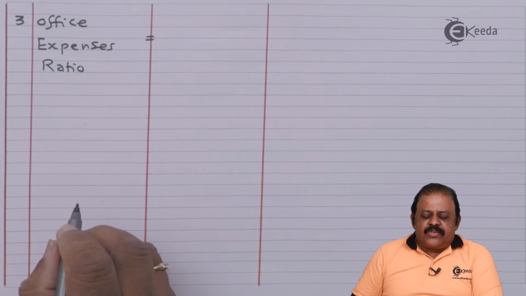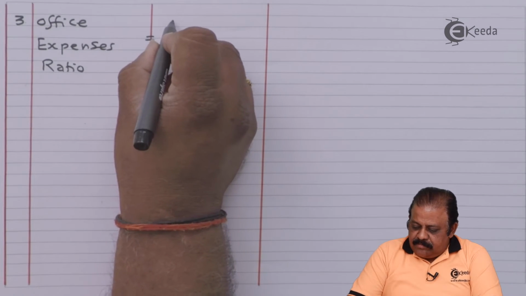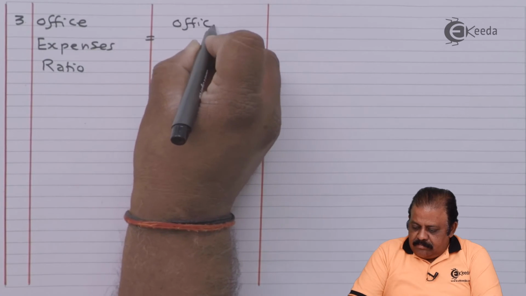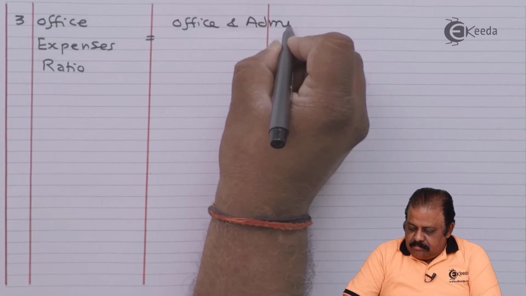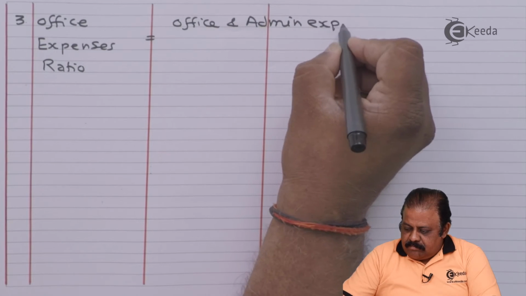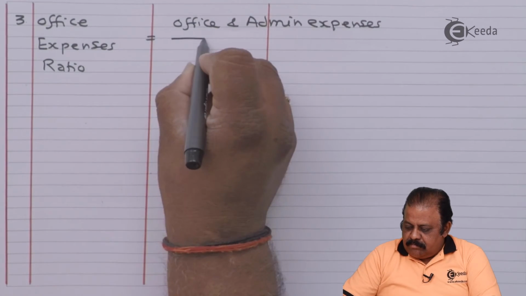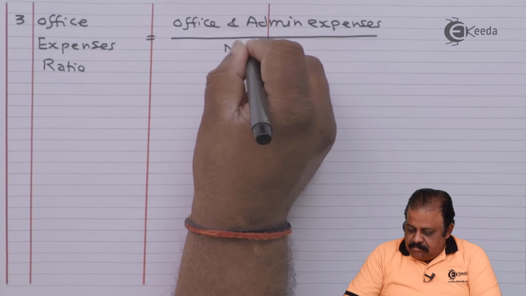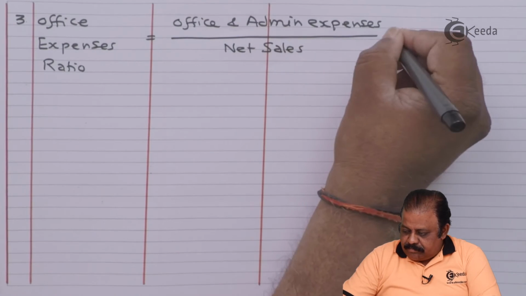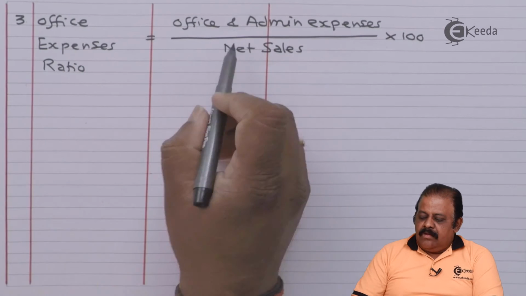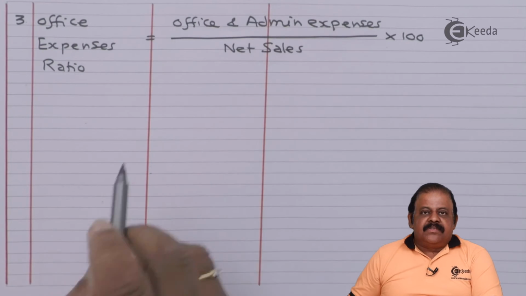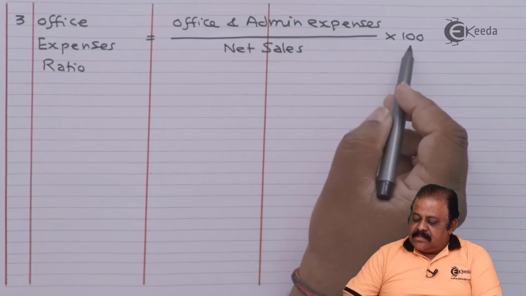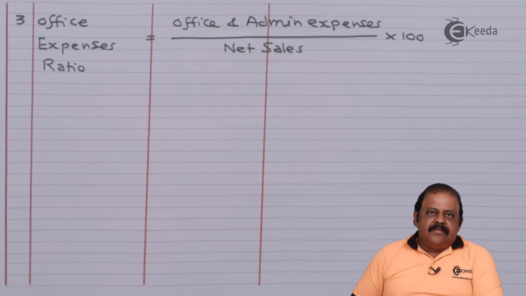Office expense ratio formula is office and administration expenses divided by net sales multiplied by 100.